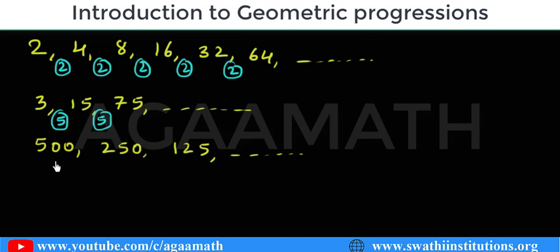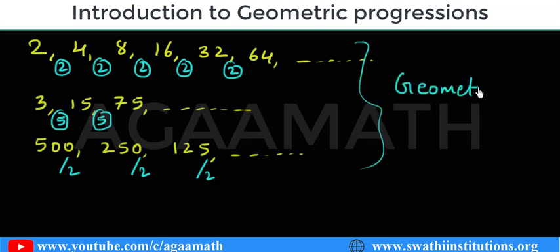But coming to 500 to 250, what happened here? It is divided by 2. 250 to 125, even it is divided by 2, and again it is divided by 2 to get the next value. So we have to understand that every number is formed from the preceding number by multiplying or dividing with a constant value. Such a sequence of numbers is said to be a geometric progression, also called a geometric sequence, right?